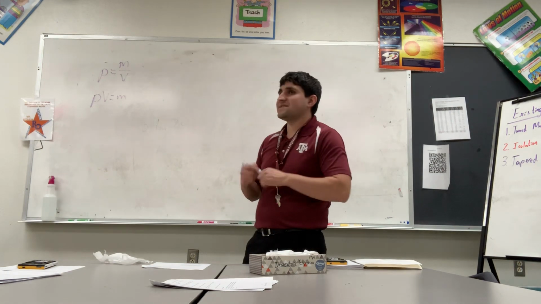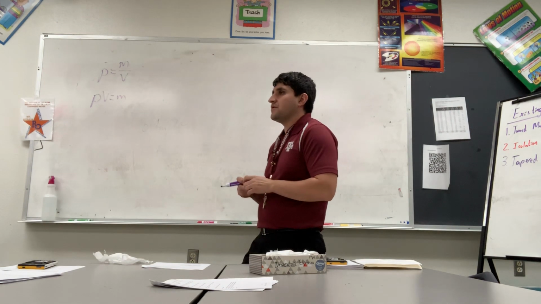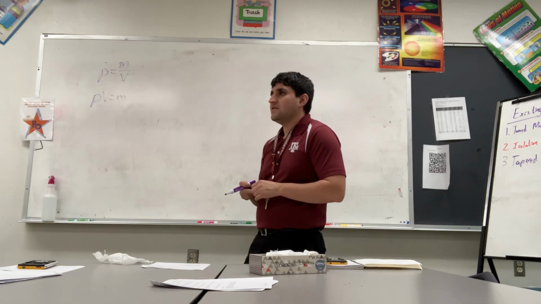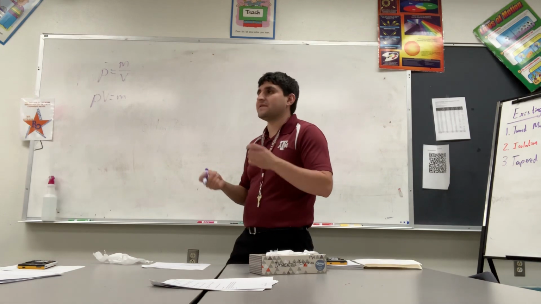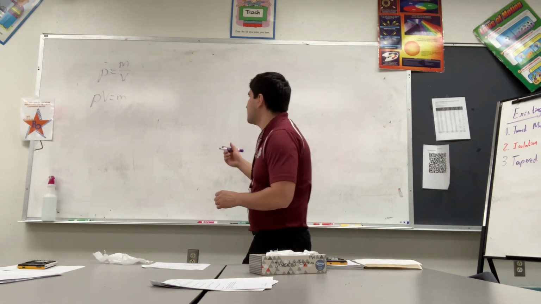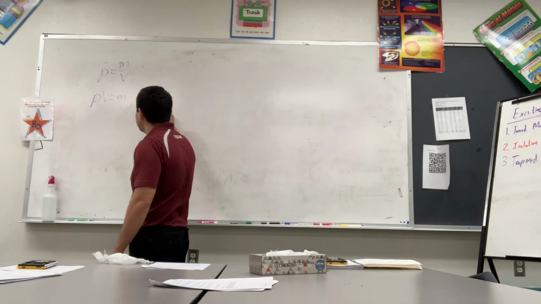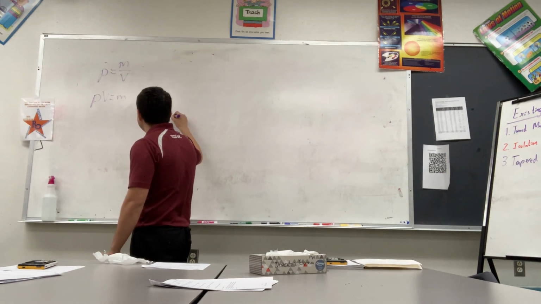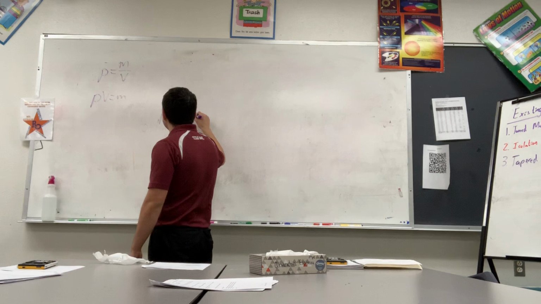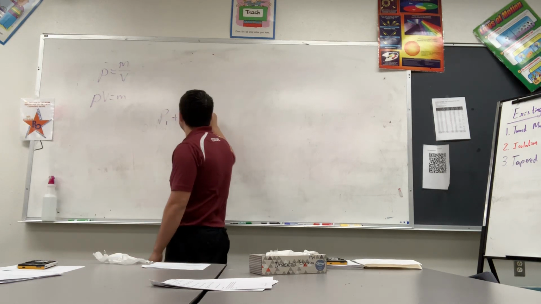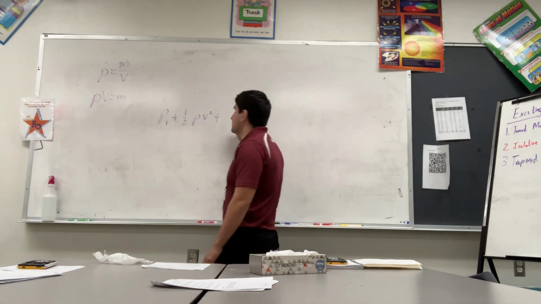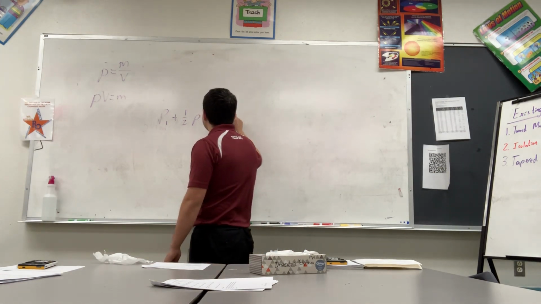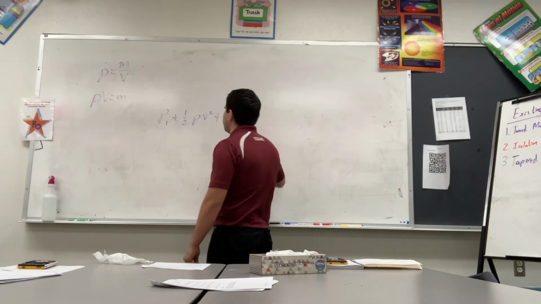So, Bernoulli's is about relating different parts of a tube to another part. And you can think of it as conservation of energy. So what is Bernoulli's equation? P1 plus 1/2 density V squared plus density gravity height.